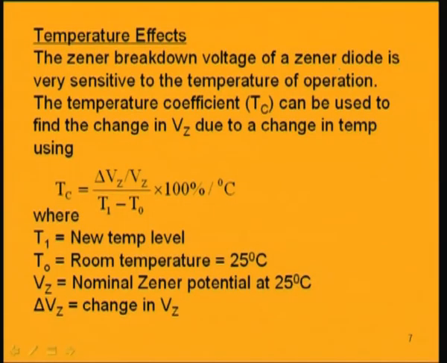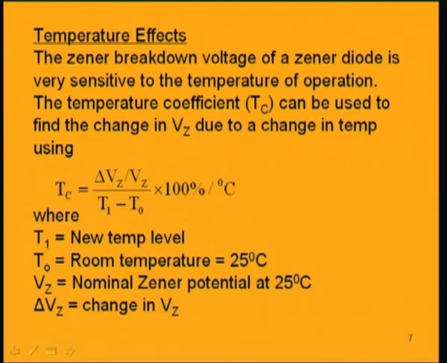So, the expression which is used to find out this temperature coefficient is Tc is equal to del Vz by Vz divided by T1 minus T0 into 100% per degree centigrade.